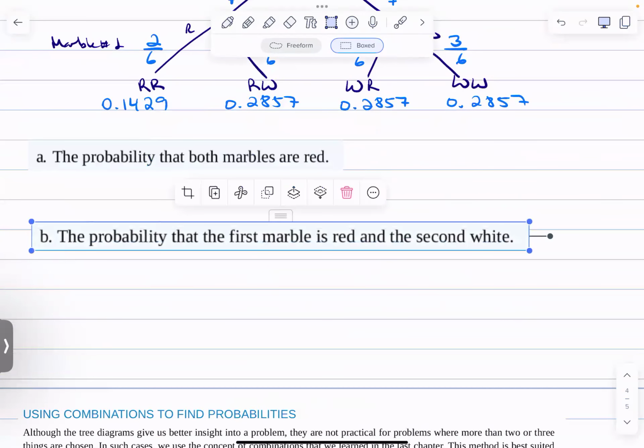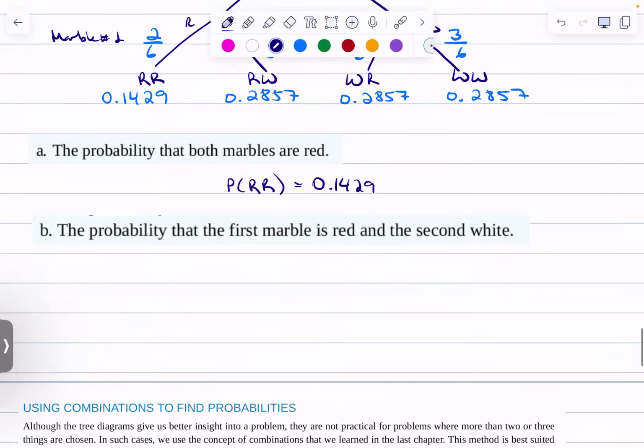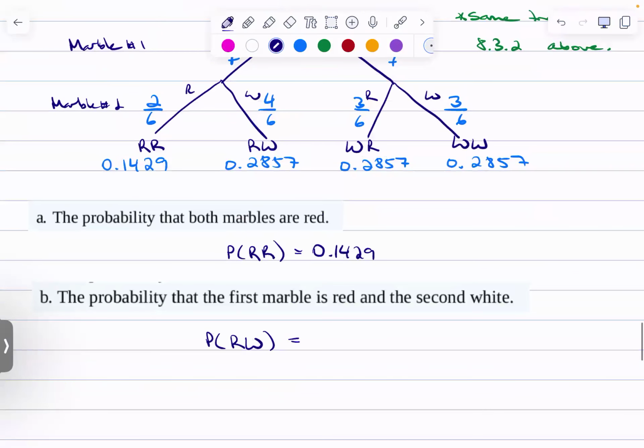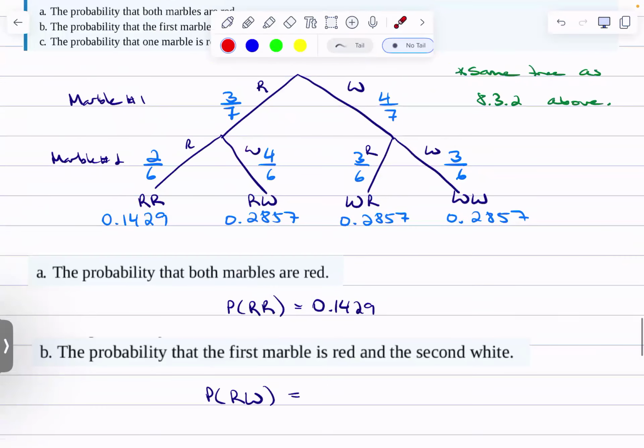What if we want to find the probability that the first marble is red and the second marble is white? That's going to be the probability of red and W. Which if you use your tree, the first one has to be red and the second one has to be white, which is 0.2857.